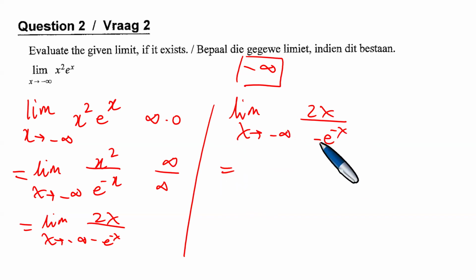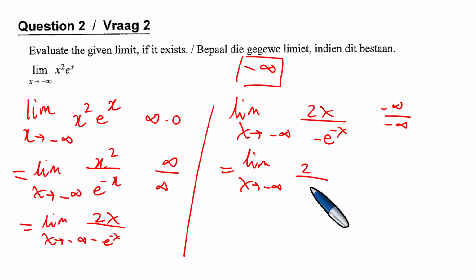At this point, if you look carefully and substitute minus infinity, the top is minus infinity, and the bottom is also minus infinity. Meaning you need to differentiate again and take the limit as x approaches negative infinity, which is 2 divided by e to the minus x.